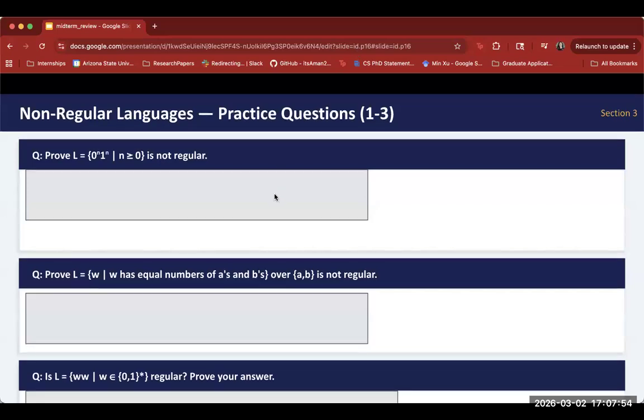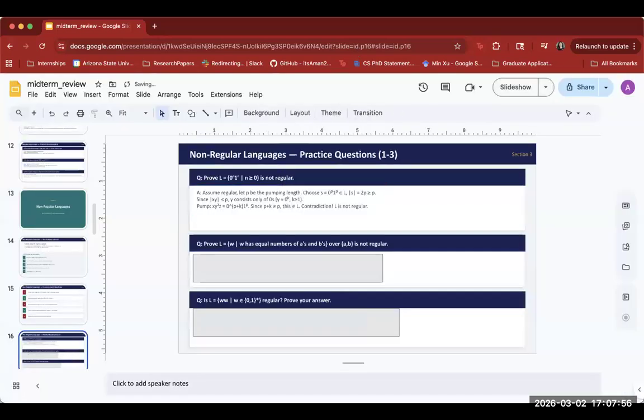And then we basically assume it's regular. We let p be the pumping length. We choose S is equal to 0^p 1^p. And then we see that the length of S is 2p, which is greater than or equal to p.